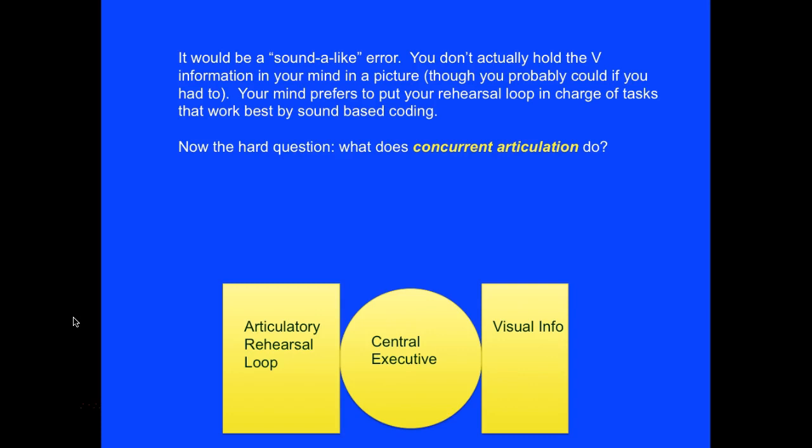Now, let's go back to that working memory task where we just looked at a list of long words and a list of short words. What would be the consequence of concurrent articulation? If you are really completely 100% following my lecture so far, you might have an insight.